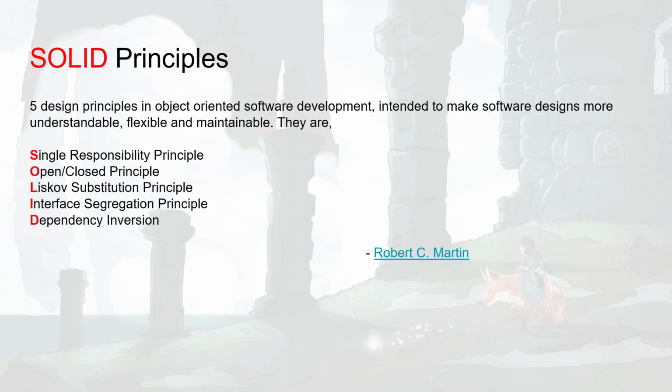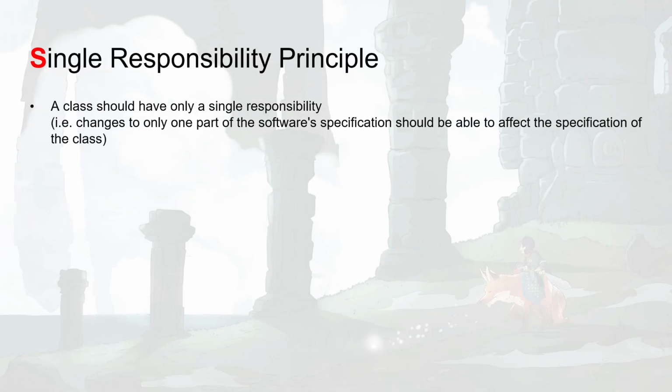So let's go through them one by one and see what each of those principles stands for. The first one is the single responsibility principle. A class should have only a single responsibility. Changes to only one part of the software's specification should not be able to affect the specification of the class.